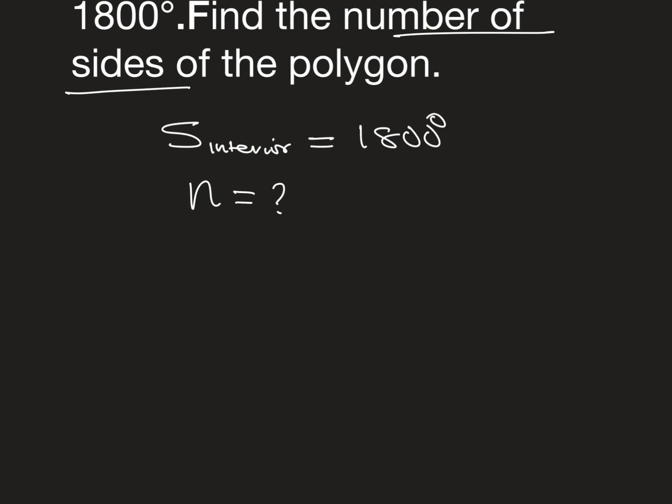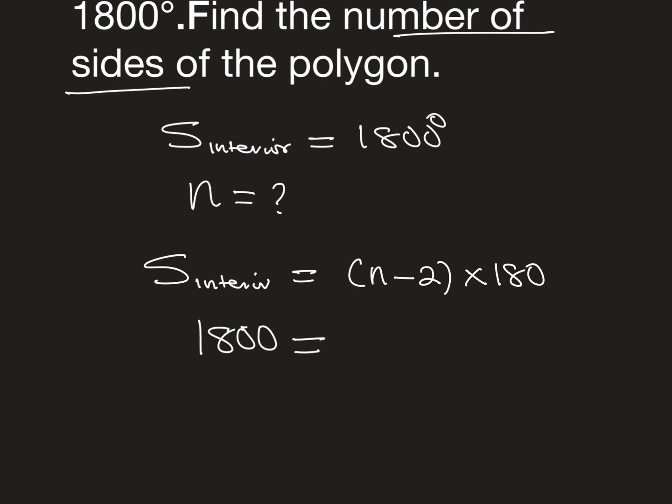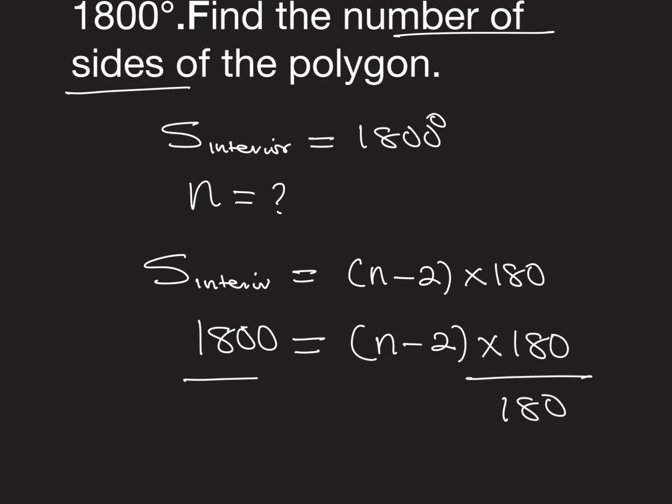Again, the same formula, the sum of the interior angles is given by the formula (n minus 2) multiplied by 180. So what is the sum of the interior angles? It is 1800. This is equal to (n minus 2) multiplied by 180. So if I divide both sides by 180, this will cancel this.